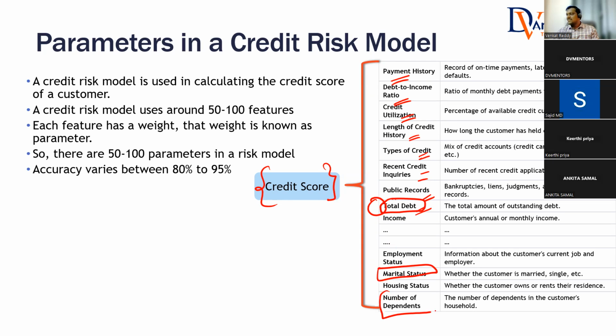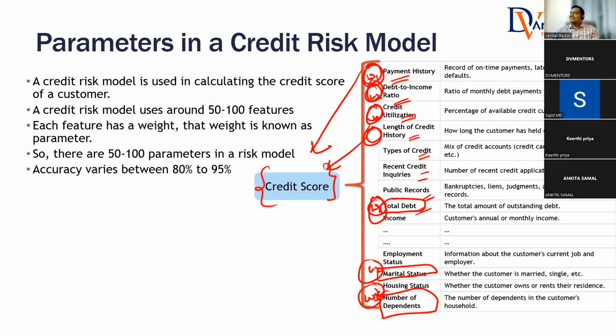It's not the same as the weightage that I give to the number of dependents. So the weightage is, let's say, W1 here, W2 here, W3. Every variable that is used for calculating your credit score will be given different weightage, W1, W2, W3, and so on, WK. These weights are known as parameters.